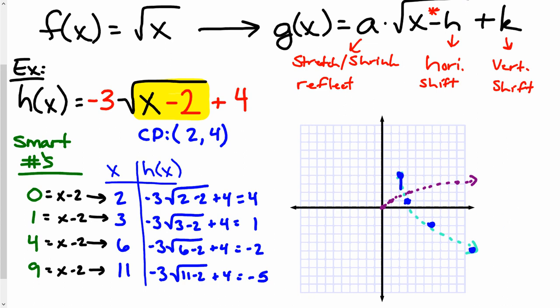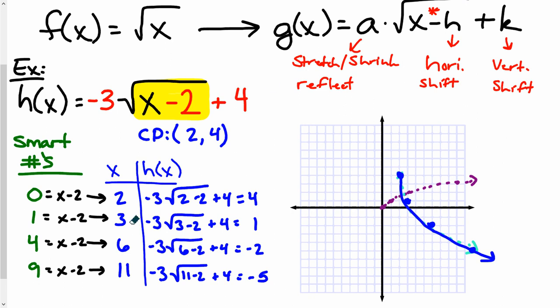Okay, now I'm just going to go through and do my best to make it look a little bit cleaner. But this blue line here would represent the transformations that we've done, graphing h of x equals -3 times the square root of x minus 2, plus 4. All right.